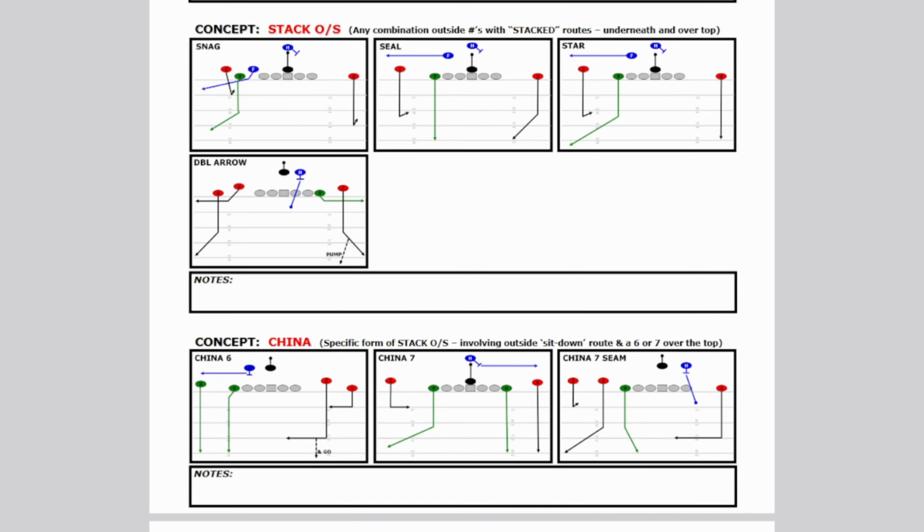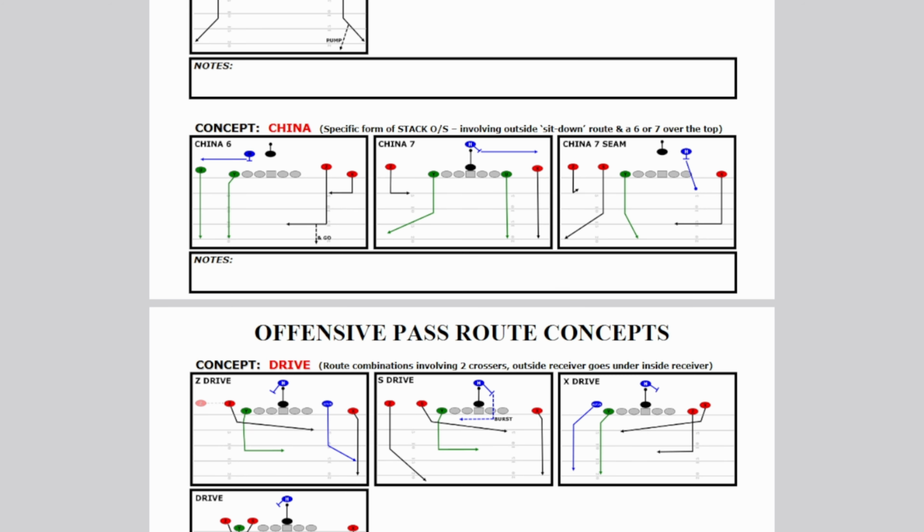The next thing here is China. Now, this is a big one. I think China's coming back more than ever. In the sim leagues I play, a lot of people run China. If you followed my Tom Moore indie offense, this is a major concept. What we have here is a different form of outside stack, but this is one where the number 1 receiver is running something short, like a 5-yard in route or fin route, a little hitch route.